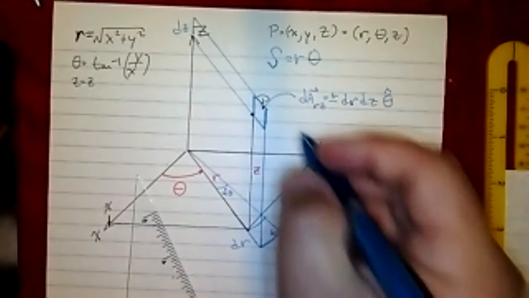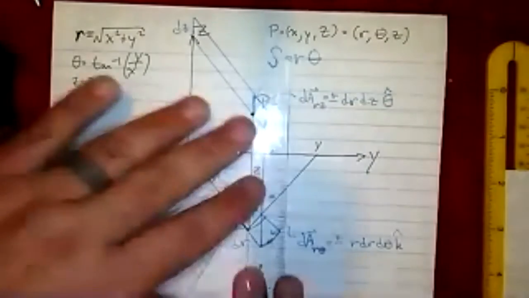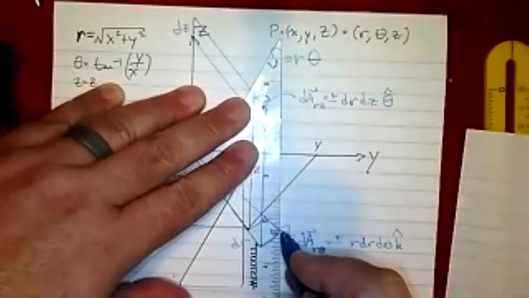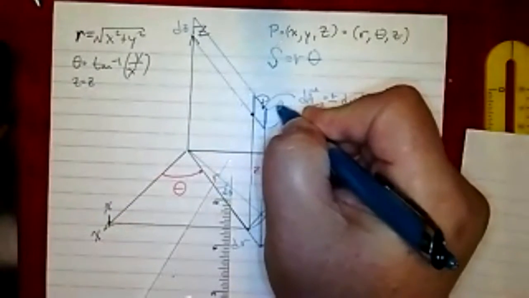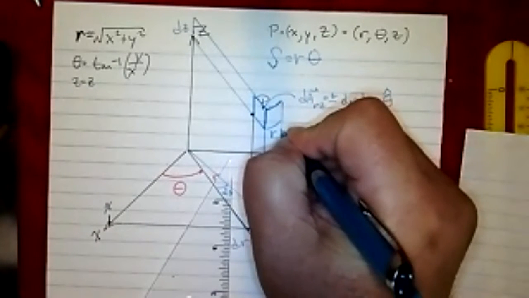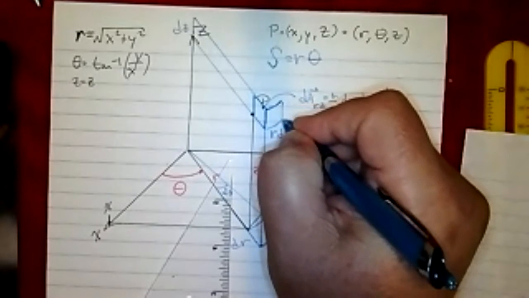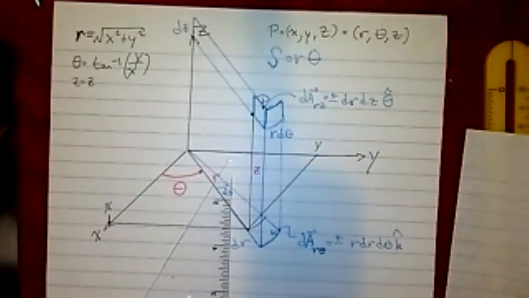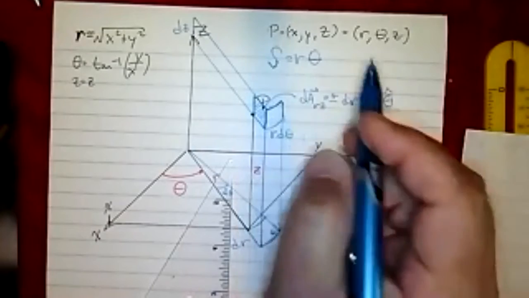So if you let theta vary and z vary, what you end up getting is this, and I can make it a little neater by using my rulers. So this amount right here would be r d theta, and of course this amount right here would be just dz. So that's a different area. I drew this one a second ago for that.